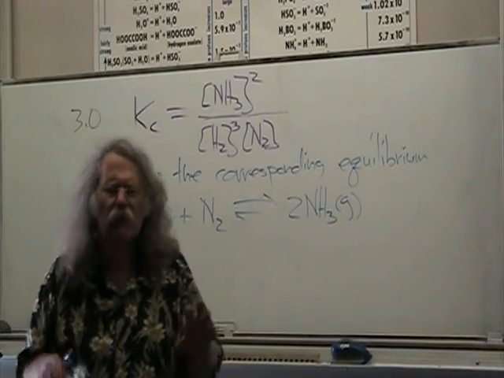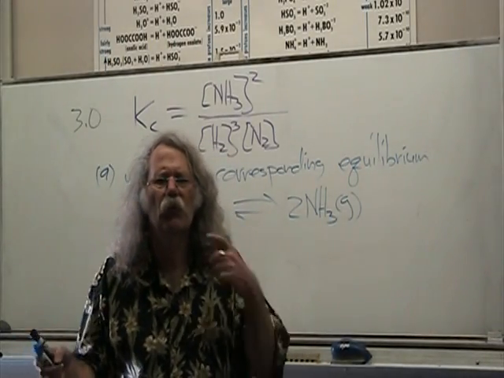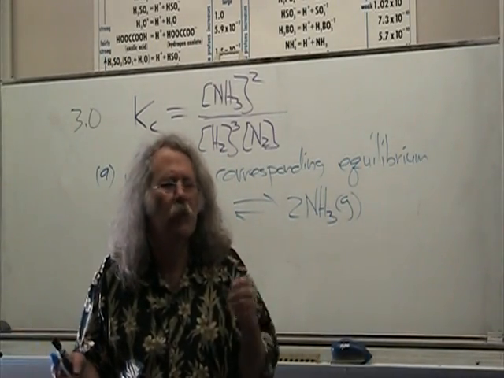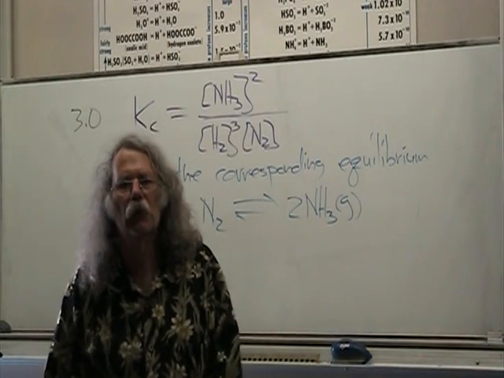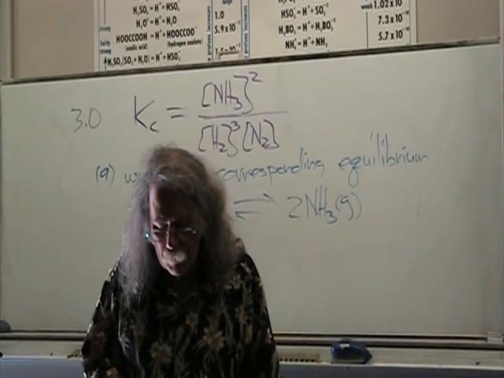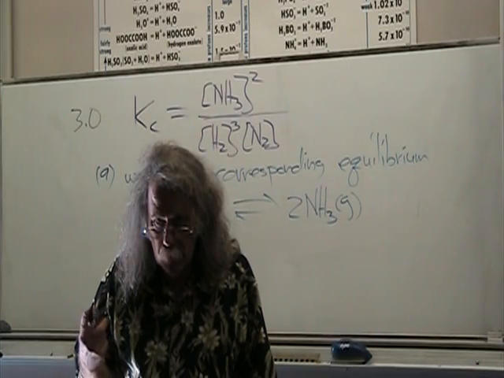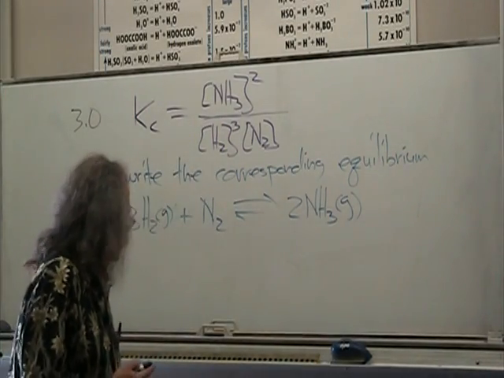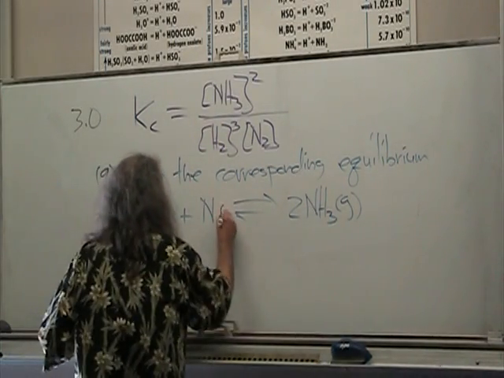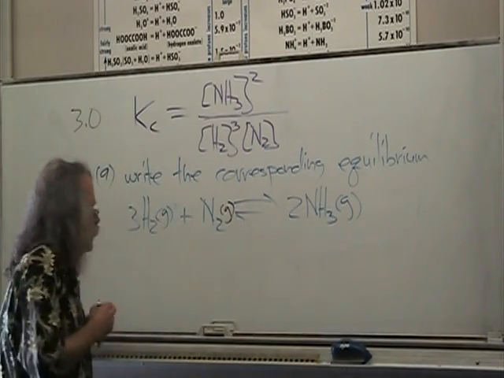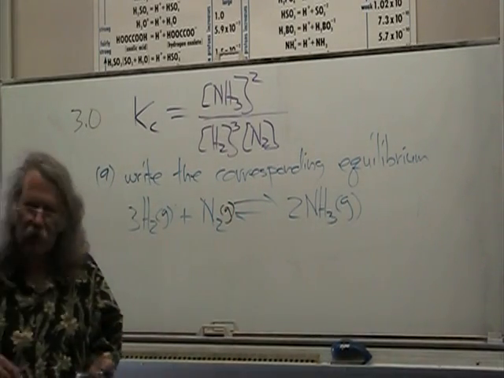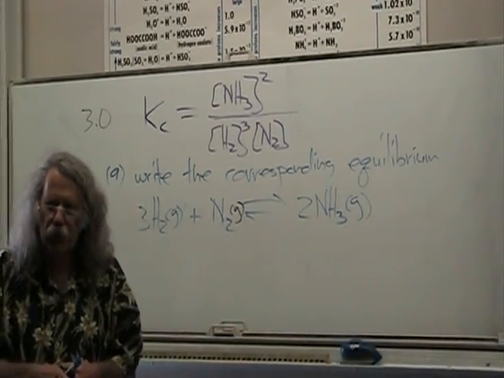So let's keep this one as parts A, B, and C. We'll do it all together, because A, B, and C are pretty well coupled. Now, is it nitrogen gas? Yeah. Oh, I'm sorry. Thank you. Okay. Because nitrogen is a gas at most of the temperatures and pressures we're going to deal with.